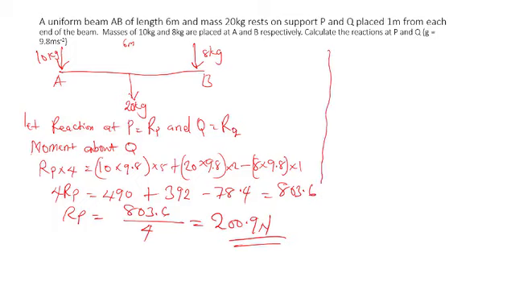Now we also have to calculate the moment about P. So that one we call RQ times 4, equal to the same thing we did here.